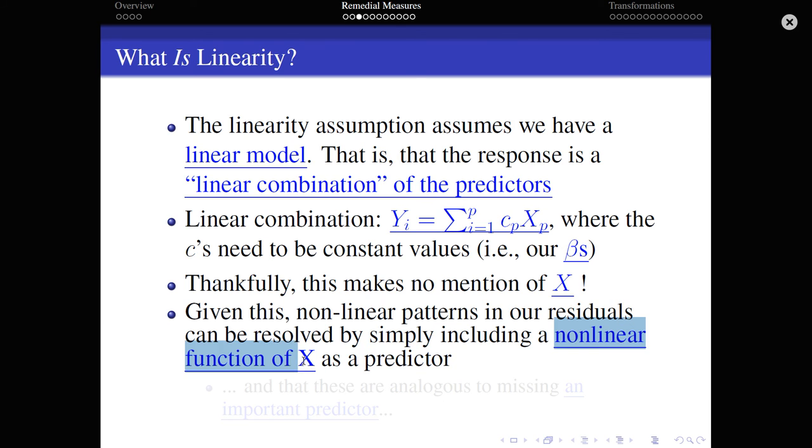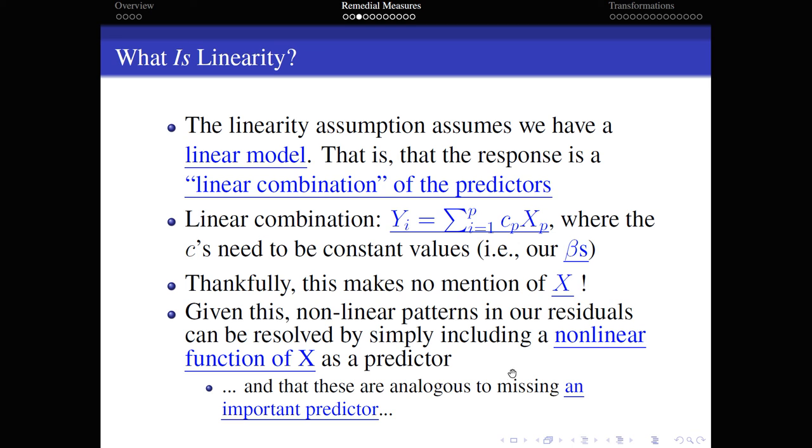So we look at the nonlinear relationship with the linear model by including something like x squared, which we demonstrated on the previous slide. This is super handy because what it means is nonlinearity, as opposed to being some mystical problem that we have difficulty fixing, is actually more analogous to missing an important predictor. So if we have a nonlinear relationship in our residuals, this is just missing the predictor that accounts for that nonlinear relationship.